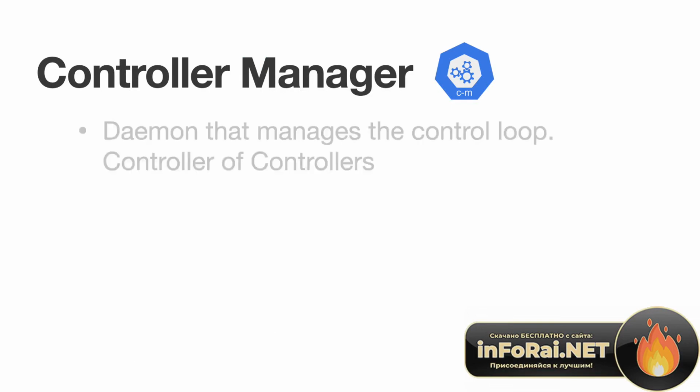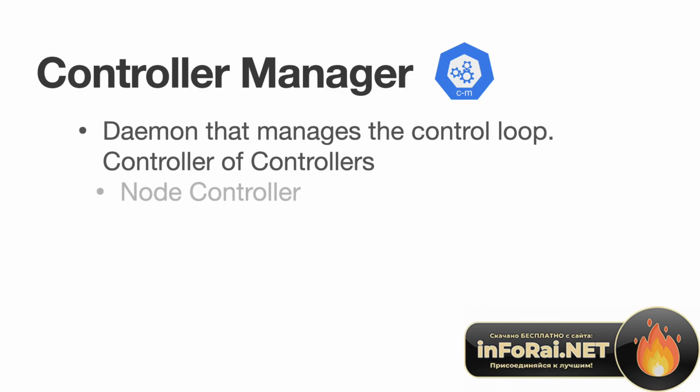This is a daemon that manages the control loop. So basically, it's a controller of controllers. In Kubernetes, we have a bunch of controllers, and let me just show you the node controller. What this controller does is, whenever the current state doesn't match the desired state, it reacts to those changes. In our example here, we are setting the desired state equal to 1 node.